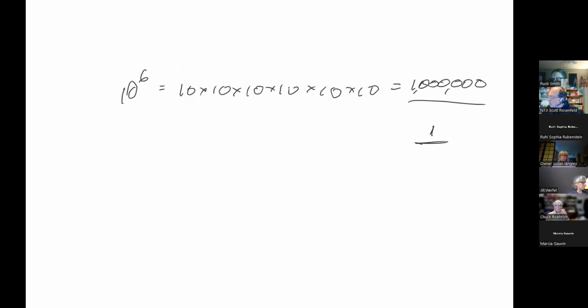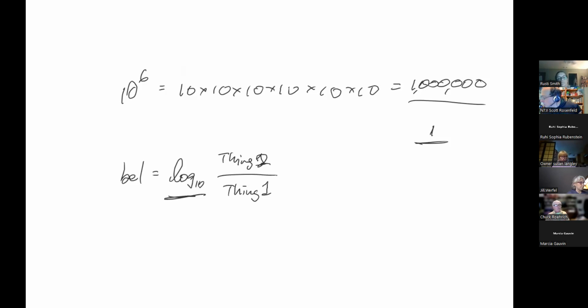We have something called a bell, which is log base 10 of thing 2 divided by thing 1. So that's a way of comparing logarithmically or exponentially how much bigger thing 2 is than thing 1.